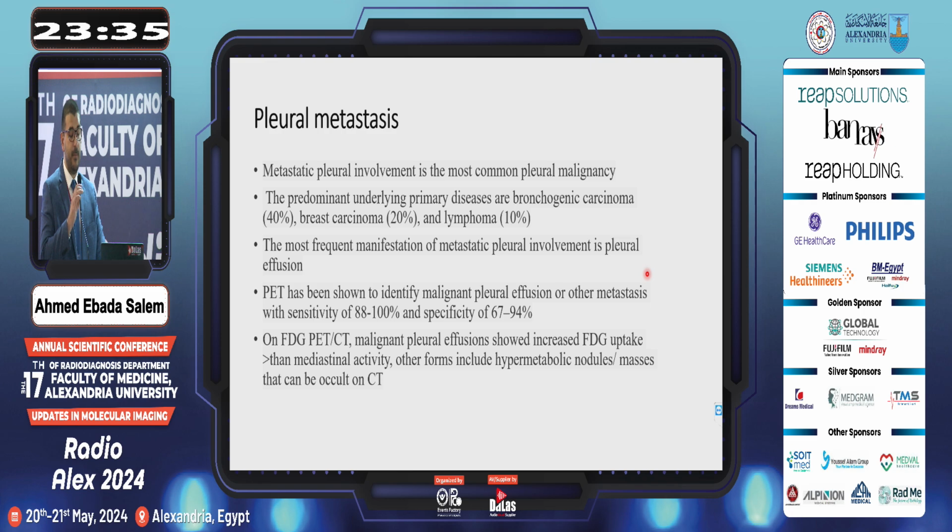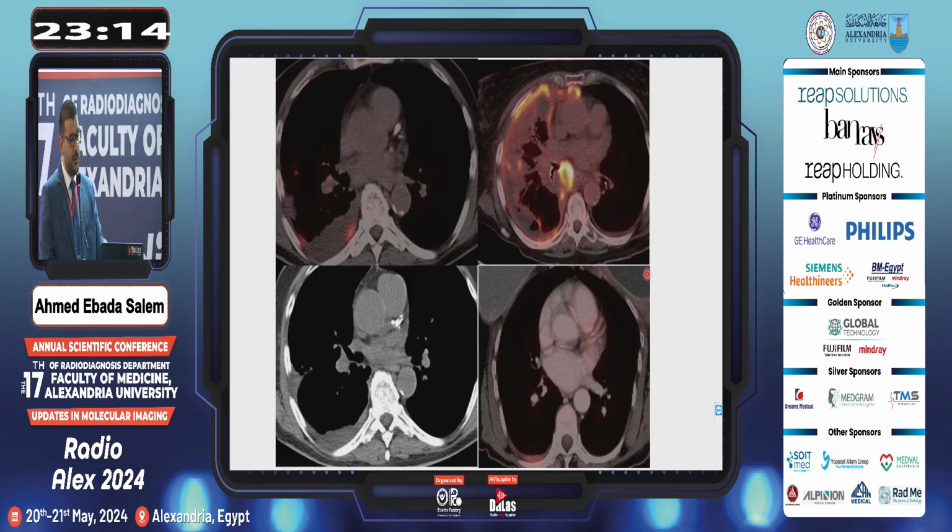The most frequent manifestation of metastatic pleural involvement is pleural effusion. PET-CT has been shown to identify malignant pleural effusion in 88 to 100% of the patients. On PET-CT, malignant pleural effusions are often hypermetabolic. They can be associated with hypermetabolic pleural nodules or masses.